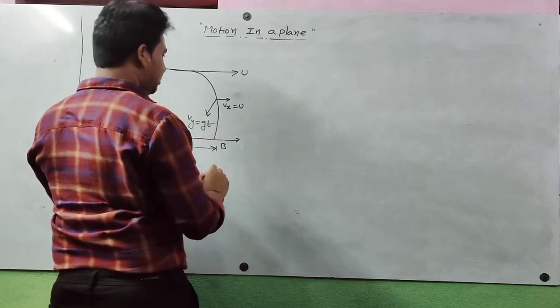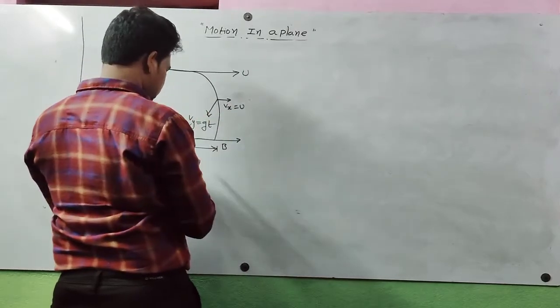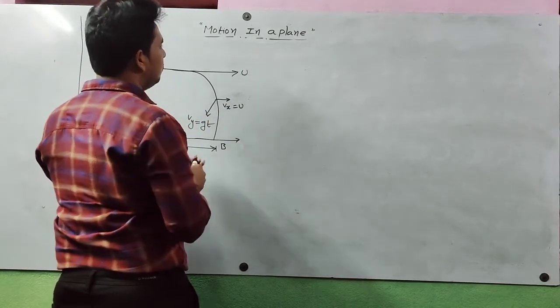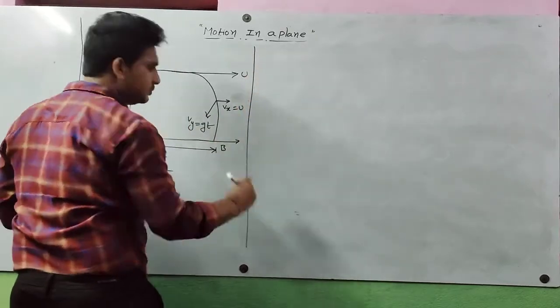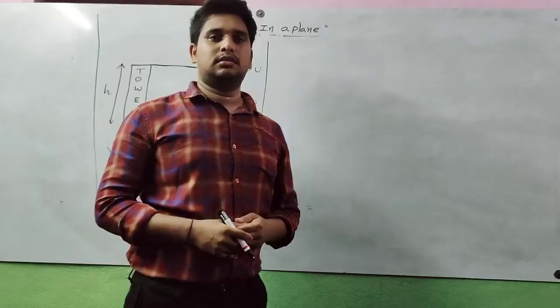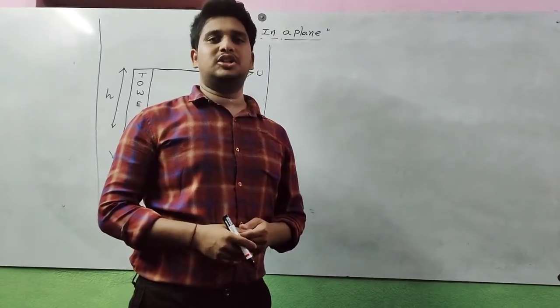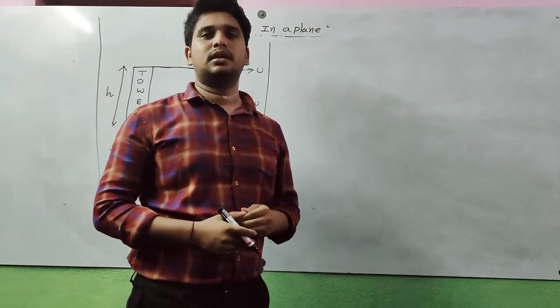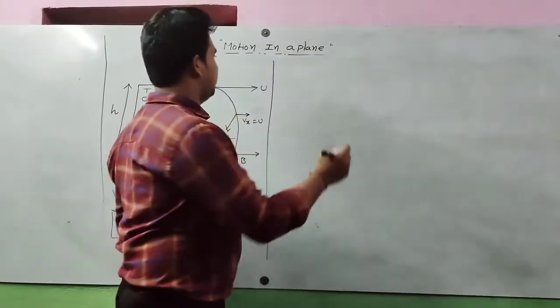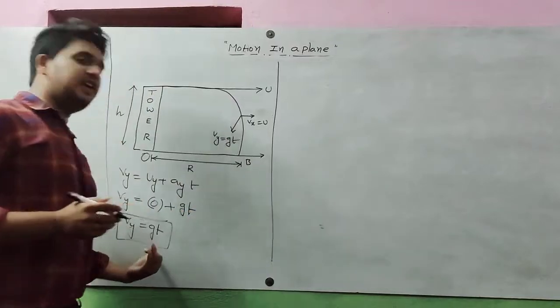So here the main important thing, continuing my lecture on horizontal projection, vertical motion. In vertical motion we got vy is equal to gt.